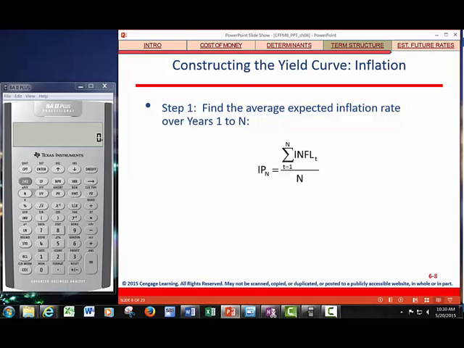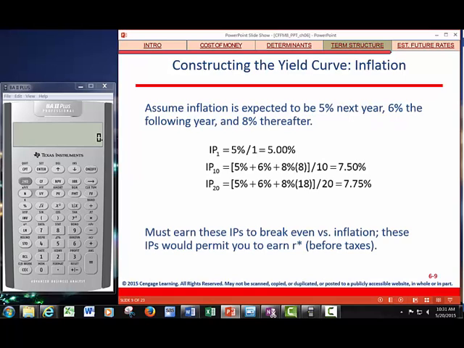Now let's look at how we can calculate inflation. This looks like a complicated formula, but really it's just calculating an average. If you have the expected inflation rates for the future years, add them up and divide by the number of numbers that you have. So it's just a regular average. And here's an example.